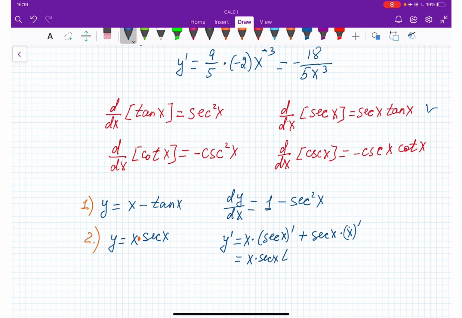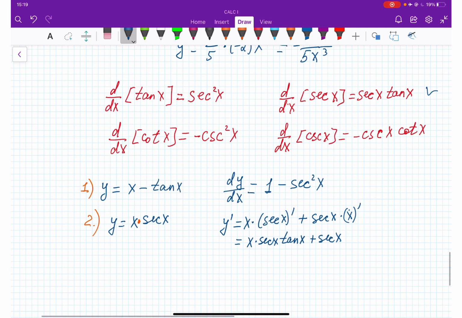Secant x tangent x, plus secant x and the derivative of x, which is going to be 1, right? So, okay, I can write down times 1, so you wouldn't wonder what happened.